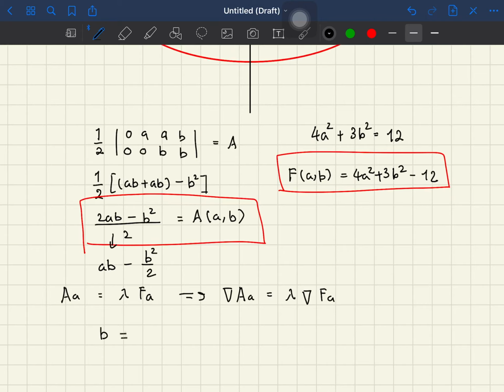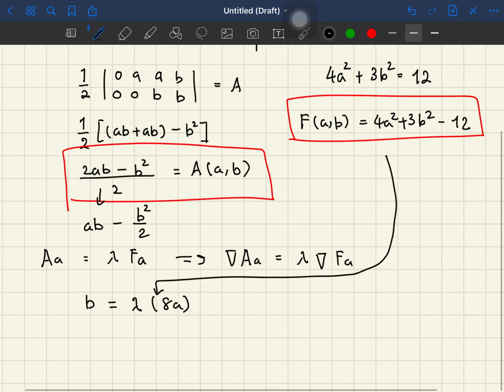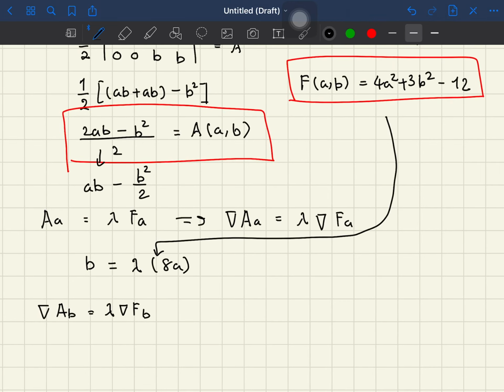Remember when you deal with multivariable, just like the lesson that we have done. And then equals to that constraint. So lambda must be included. You will have only 8a in this case. And then we nabla again with respect to b equals to lambda nabla with respect to b.